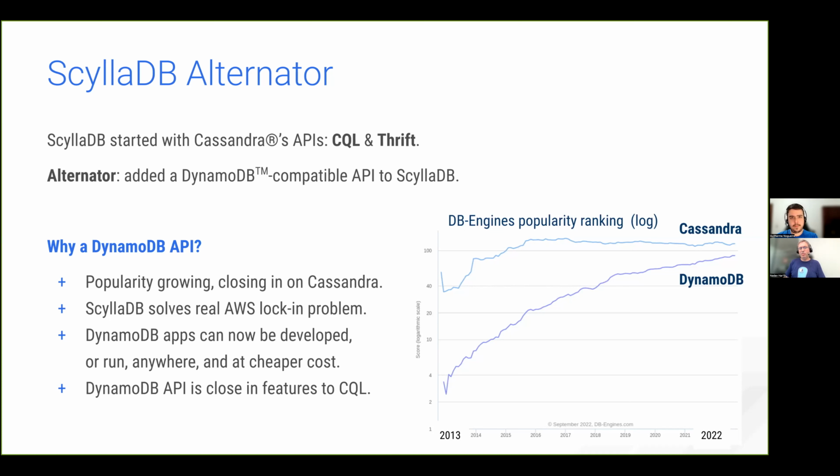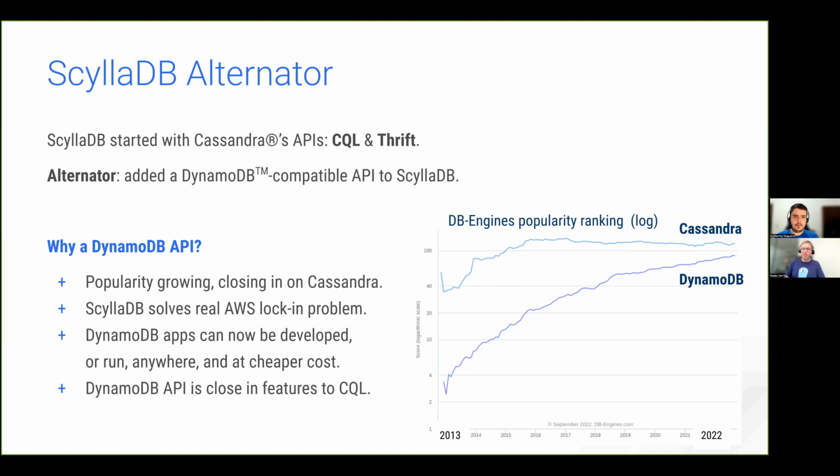Another benefit of ScyllaDB is that now you can develop or run DynamoDB applications anywhere. In the past, if you wanted to develop on your laptop, there is a DynamoDB local, but it wasn't completely compatible with DynamoDB.